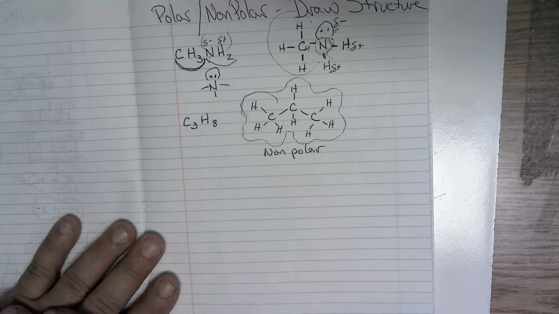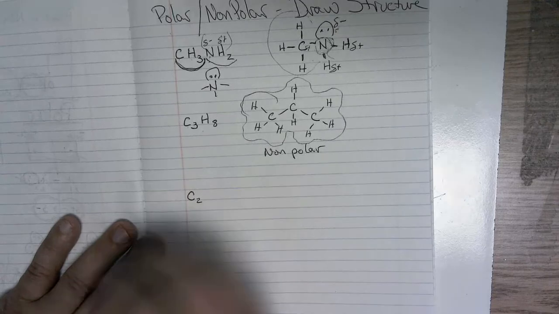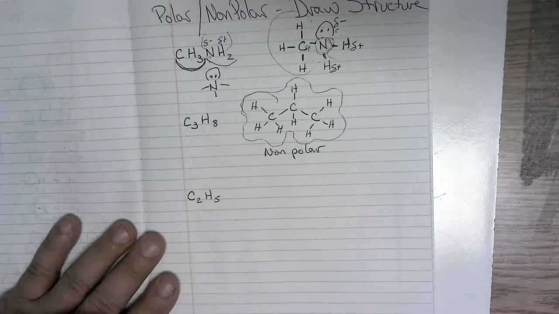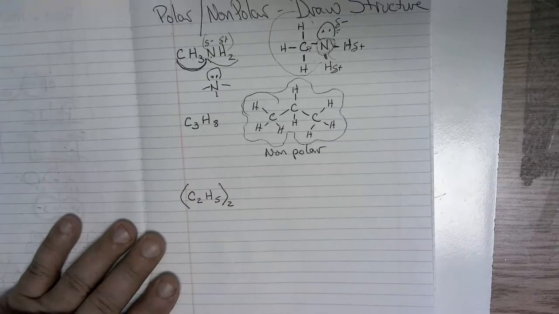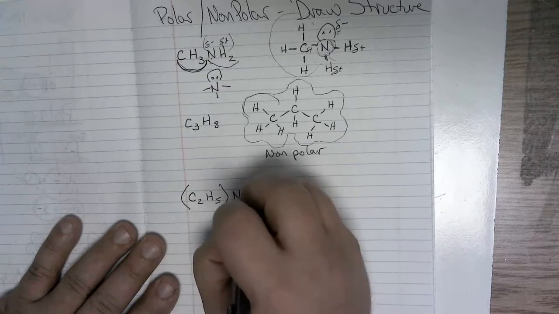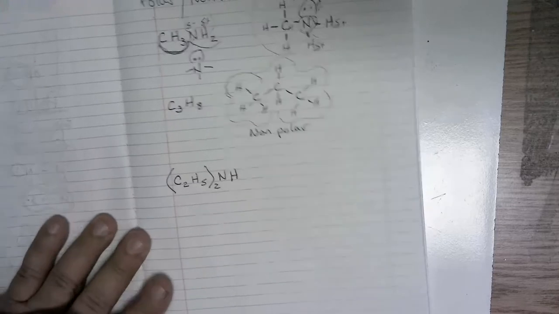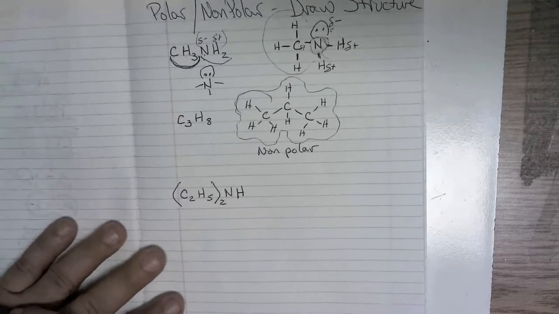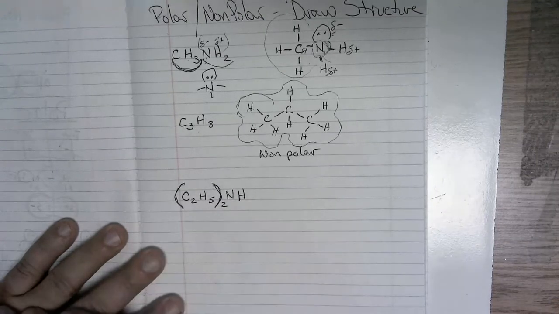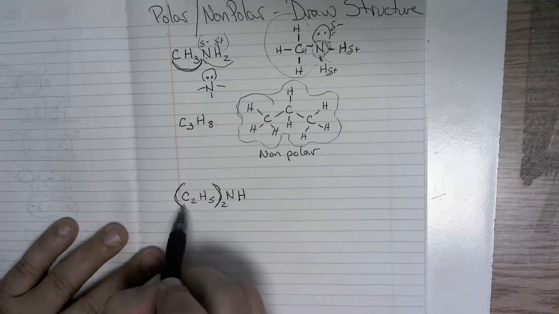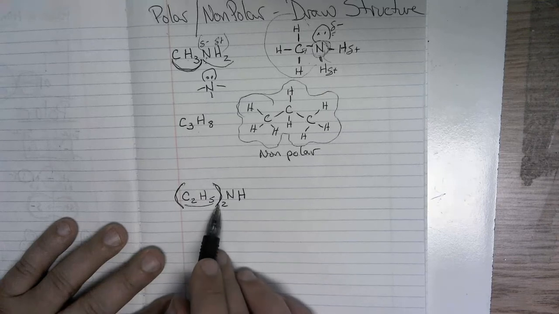Let's try another one. Let's do (C2H5)2NH. All right, tricky. So when I see parentheses in the structure, what it's telling me is that whatever's inside, I have 2 of them attached to this.